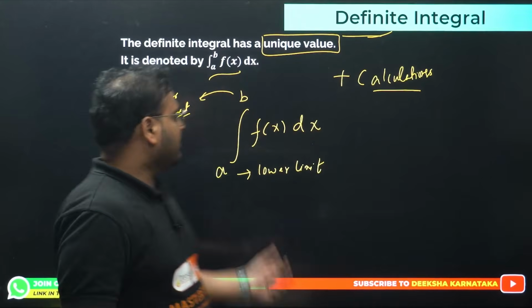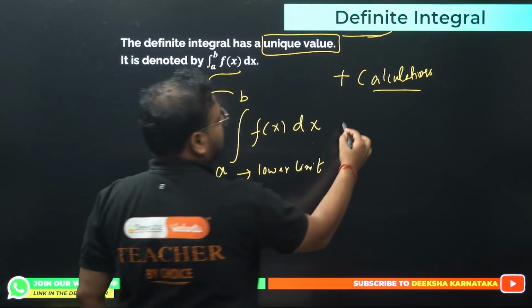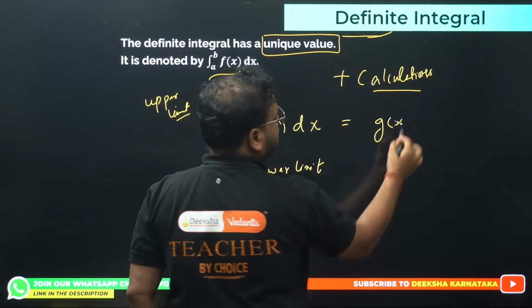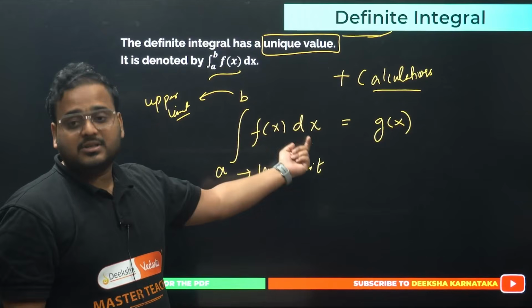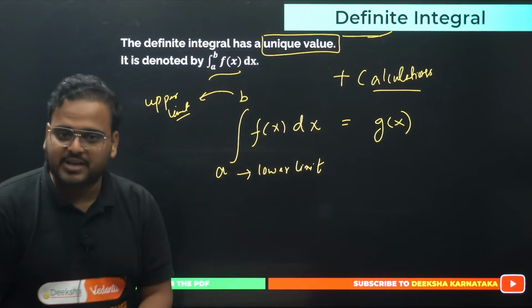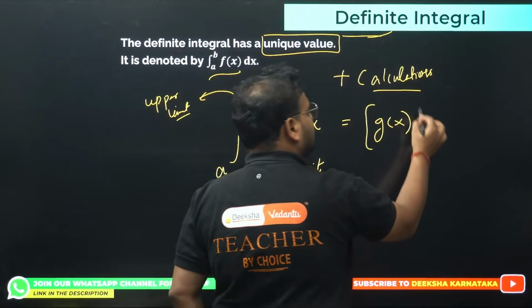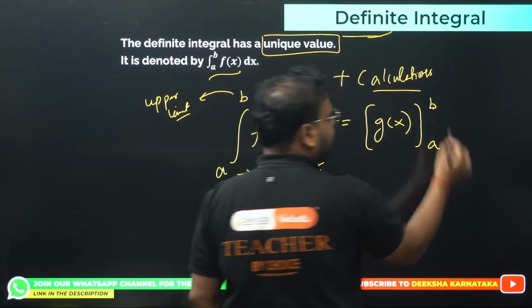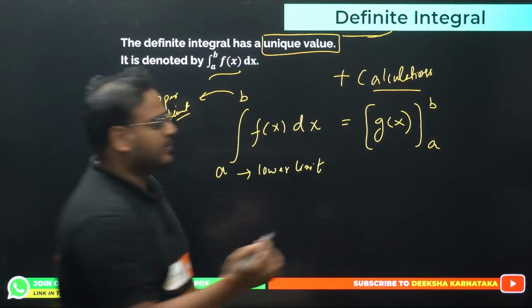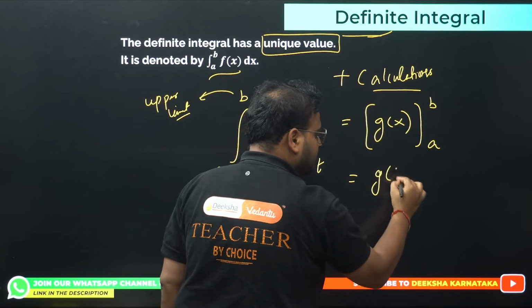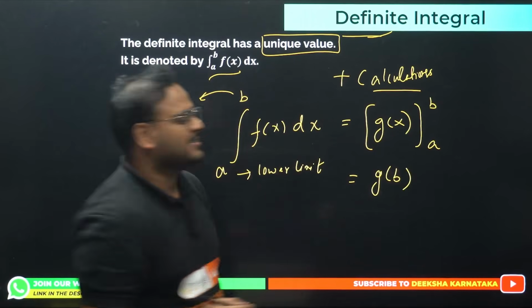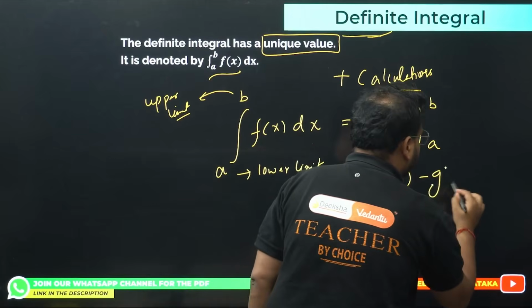Got it? And the result, let's say I'm getting this result after the integration as a function g(x). Means if I integrate the function f(x) with respect to the variable x, I get the answer as g(x). Then you write this under the limits, a to b, and the result is given by the function g at the point b, which is nothing but g(b), minus the function g at the point a, g(a).